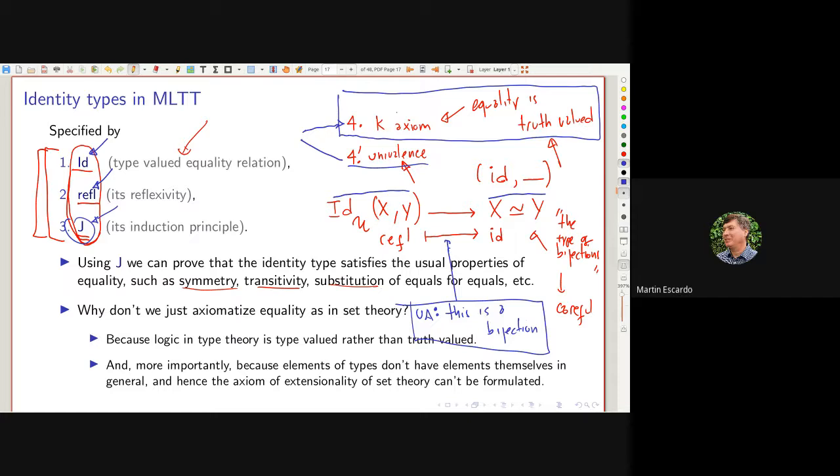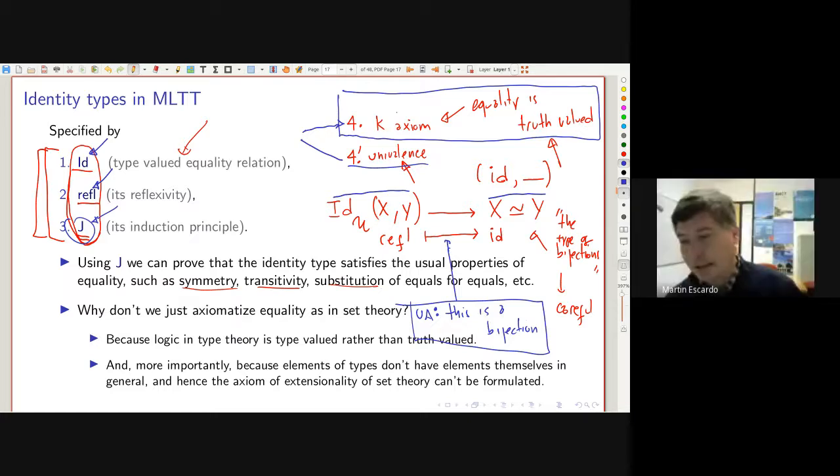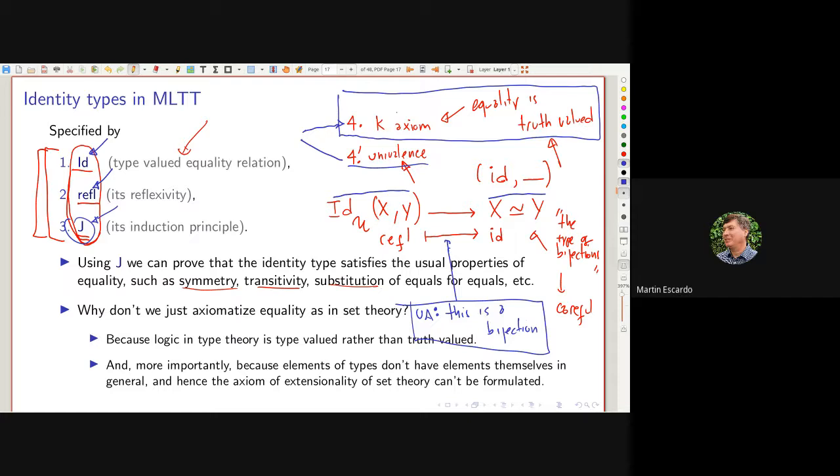So from these two points of view, that it is more like Curry-Howard because it has the information rather than just a truth value, and because it's an extensionality axiom, it may be, at least by some people, considered more natural. And these people include myself.